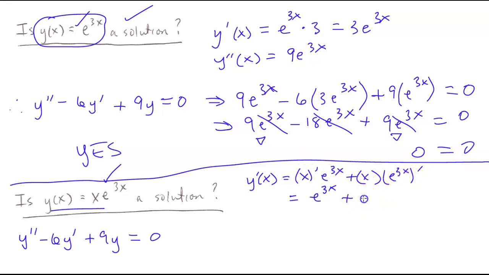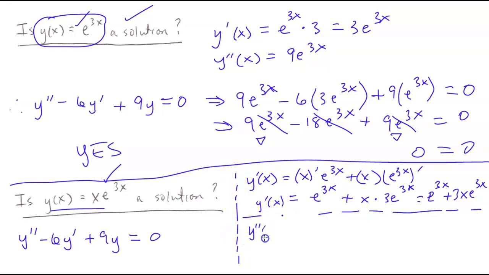And the derivative of e raised to the 3x is just 3e raised to the 3x. So for the first derivative, we would just have e raised to the 3x plus 3x e raised to the 3x. Now for the second derivative, we take the derivative of the first derivative, and do some separation here.